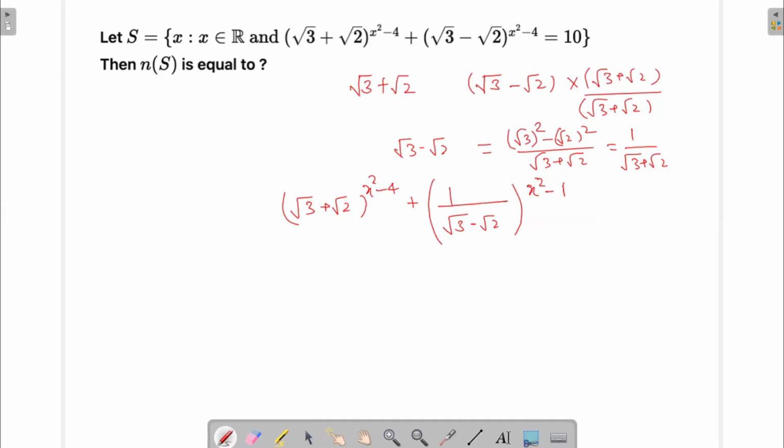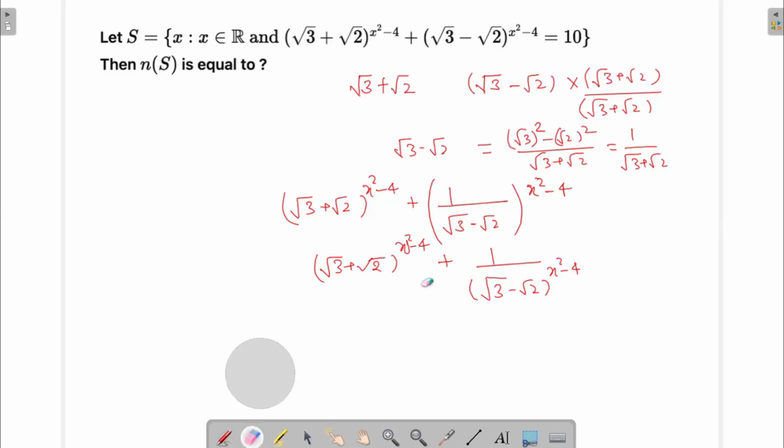In the next step, I could further write it as root 3 plus root 2 raised to the power x square minus 4, plus 1 upon root 3 plus root 2 raised to the power x square minus 4. So this is the whole expression of this side, which is actually equal to 10. That is what is given to us.